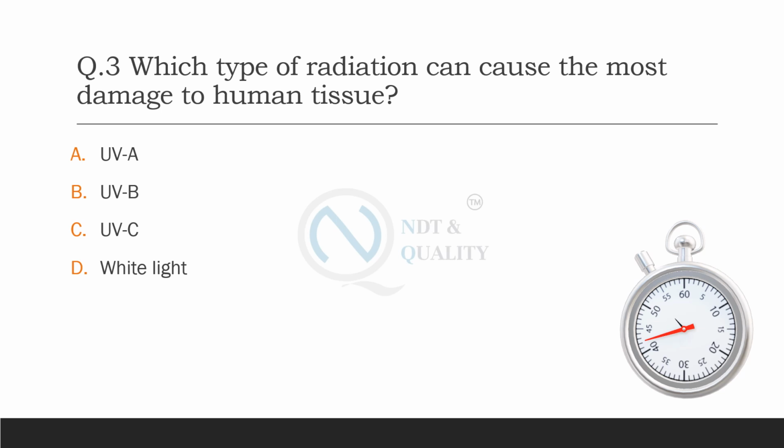If we shorten the wavelength, we get UVB light, which is more dangerous than UVA. UVC light is very harmful, more than UVB. So our answer will be UVC. Actually, UVC light is used for sanitization of materials. We were using this light in COVID times. So here our answer will be UVC light.